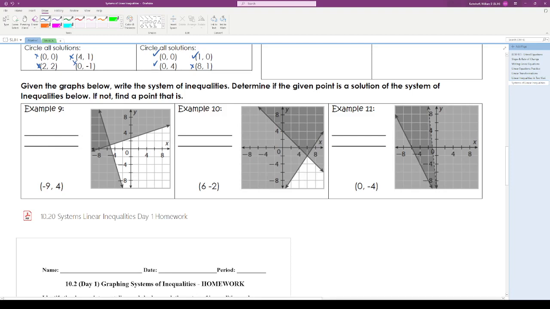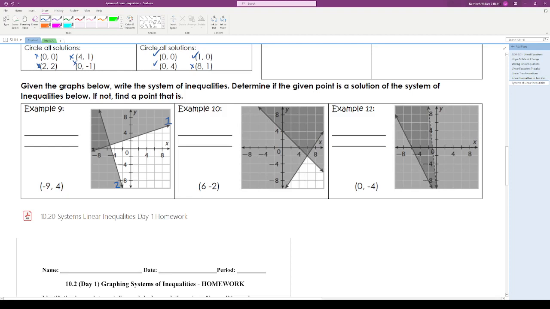Okay, so let's do this as our first line and this as our second line. It looks like we're counting by twos here, and it looks like our y-intercept is about 3. It might be slightly below 3.